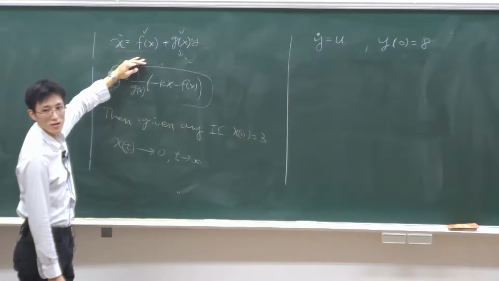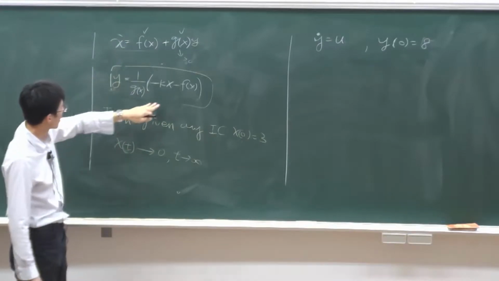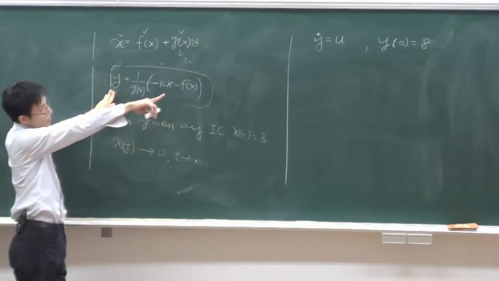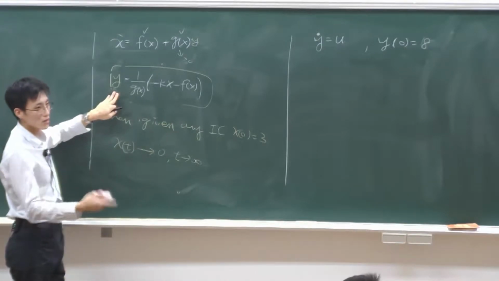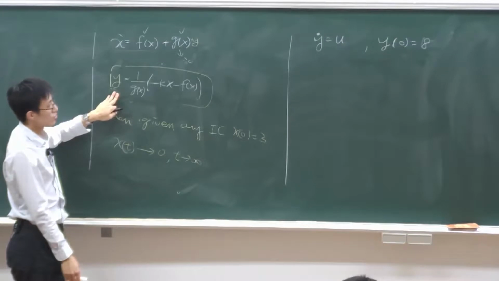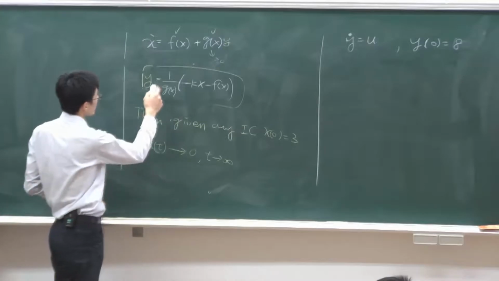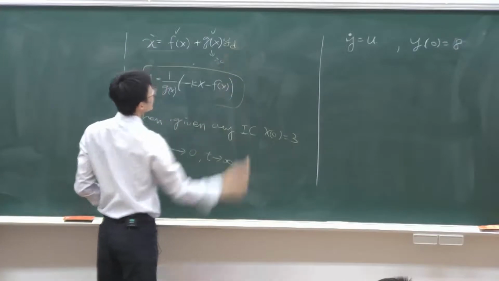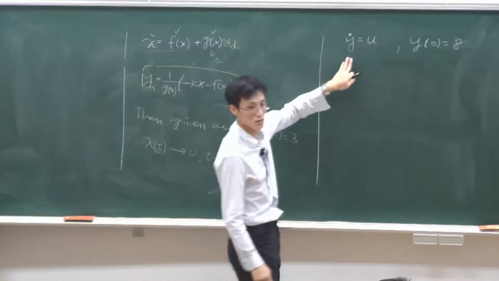Given an initial value of x, my y value is fixed, but in the true system, y can be any initial condition. So is there a gap? How do you bridge this gap? You consider y as a yd, okay? And this yd is the desired trajectory for this system to track.